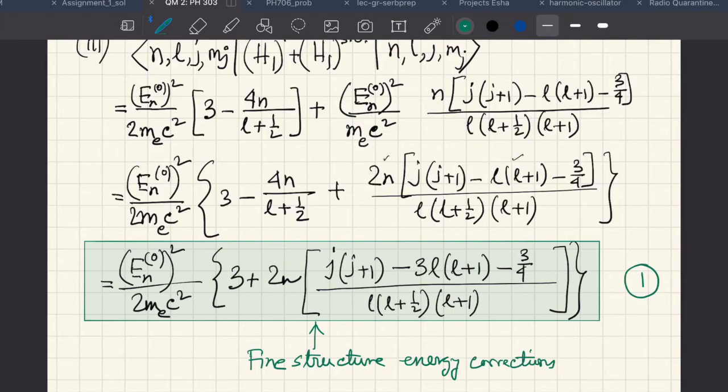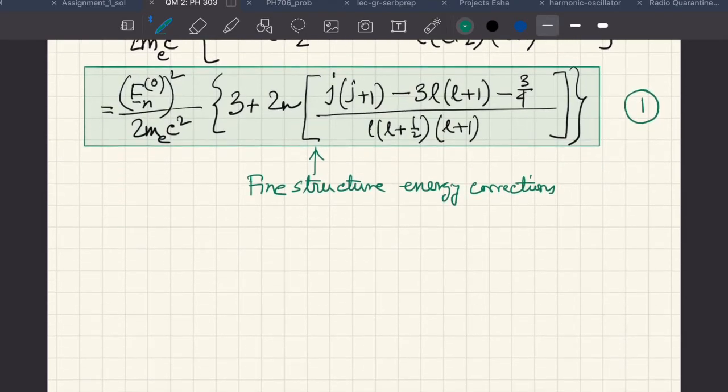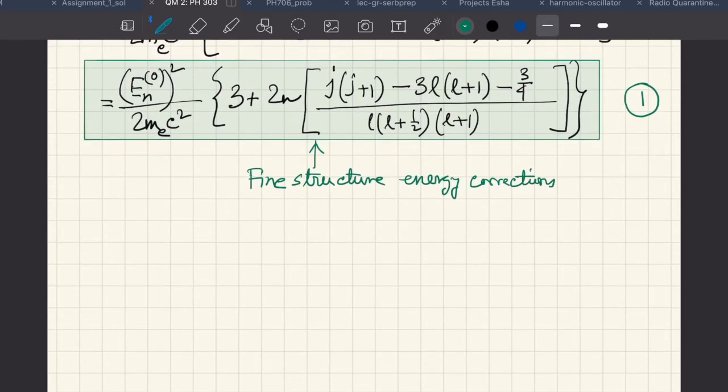In this particular formula, there are two cases to consider for fixed values of j. The multiplets can either have L equal to j minus half, or L equal to j plus half, because these are the only two possibilities: j is L plus half and j is L minus half.